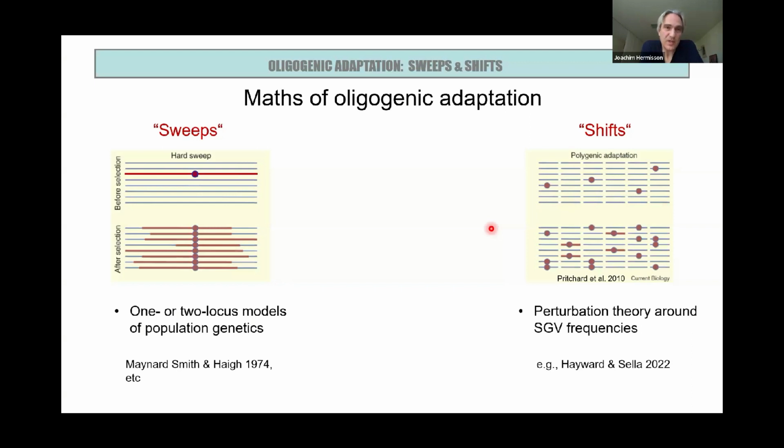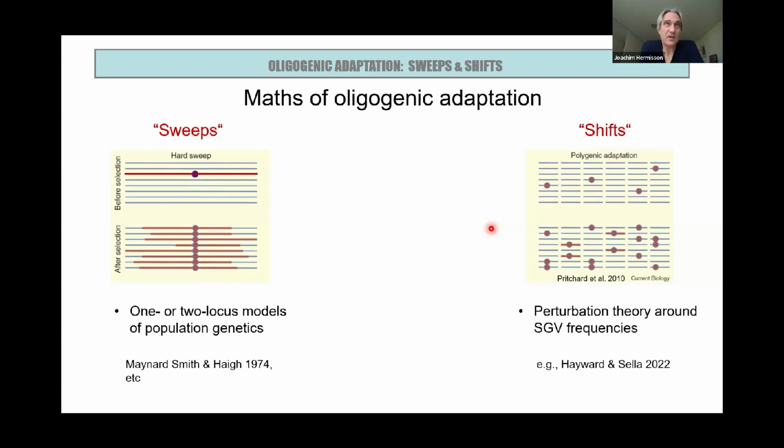And often the main task, first of all, is to characterize the standing genetic variation, maybe in mutation selection drift balance. And once this is done, then directional selection sets in, and so this works as a perturbation.